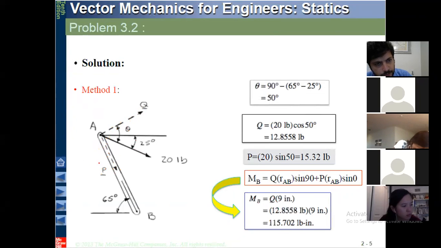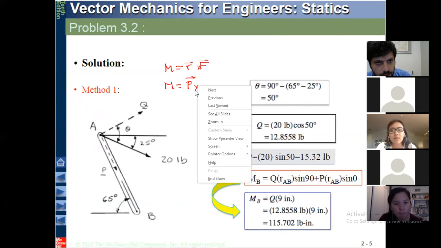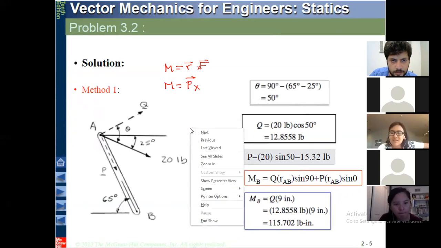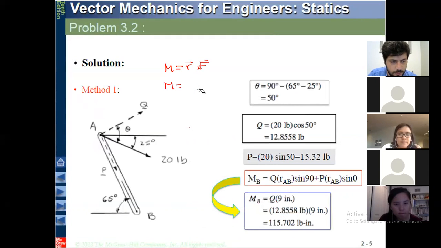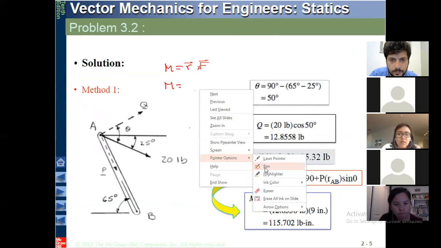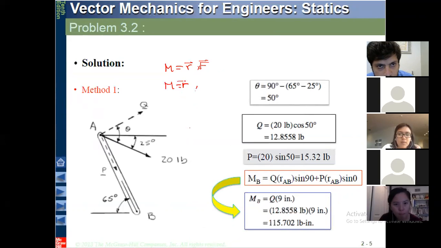So we can neglect the P force, and from the definition, you have R cross F. Imagine R_P is the position vector along the P direction, and P is the force along the P direction.